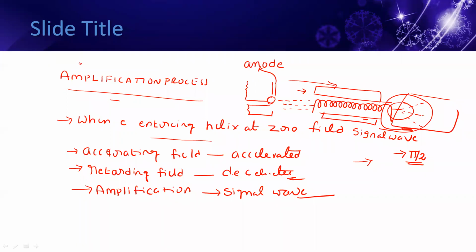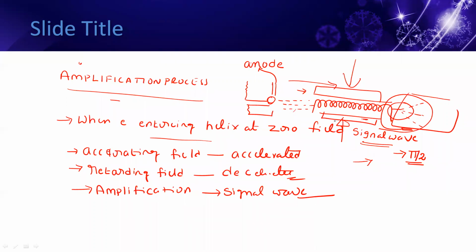On this journey, the bunch of electrons becomes more compact and larger amplification of the signal voltage occurs at the end of this helix.